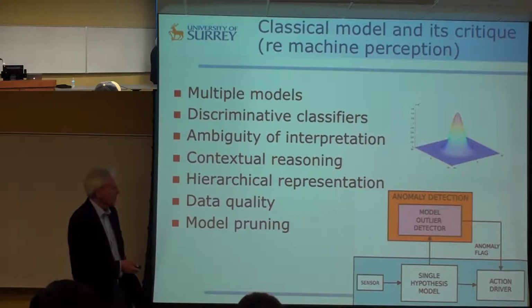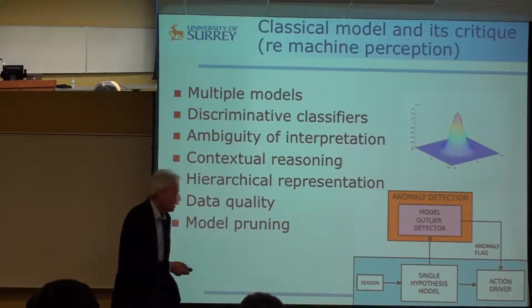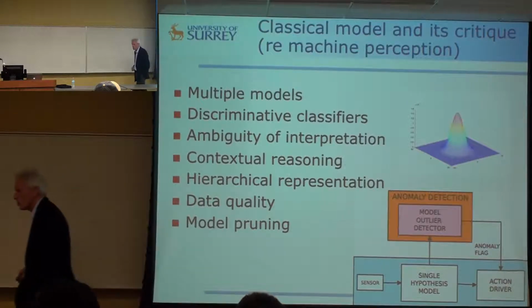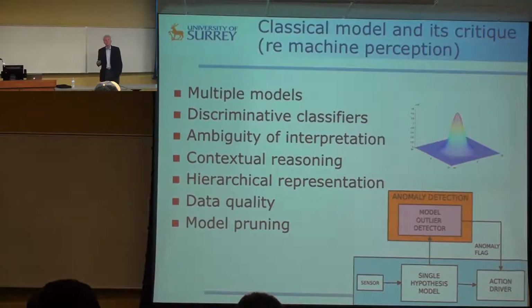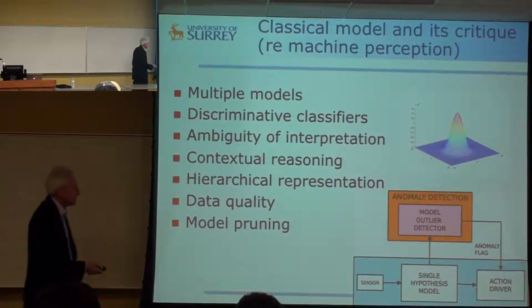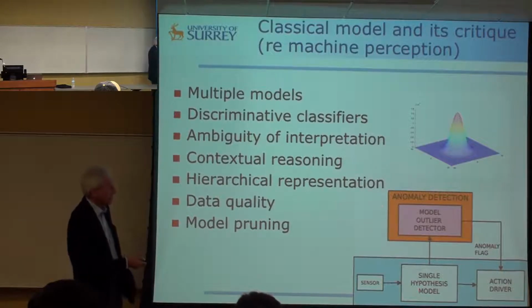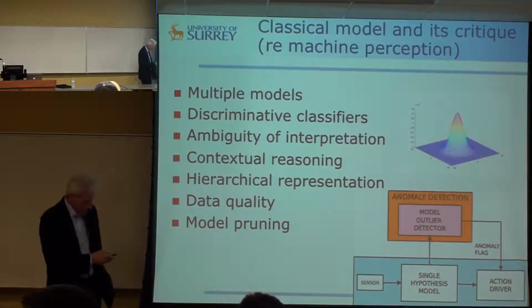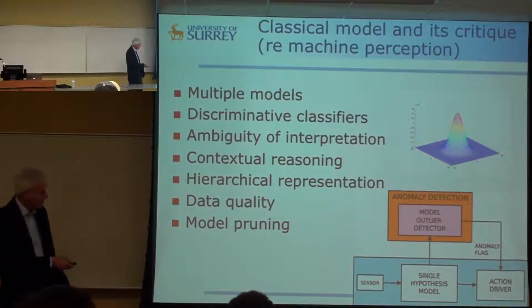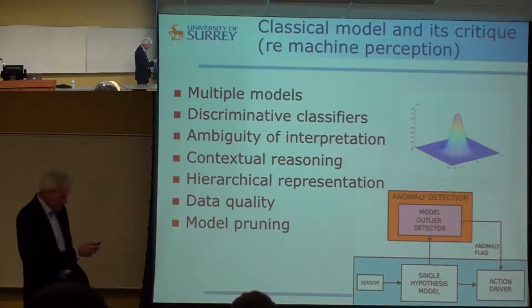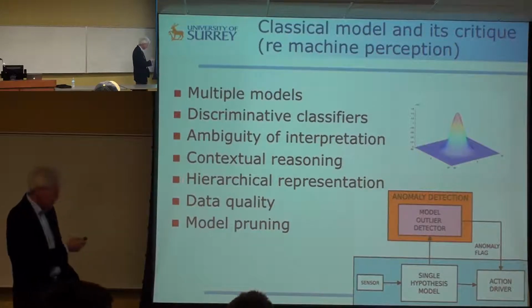If we observe an outlier, then we flag that, and the action which responds to the sensor data is modified as a result of outlier detection, anomaly detection. But that classical and simple approach is not really dealing with all these problems.